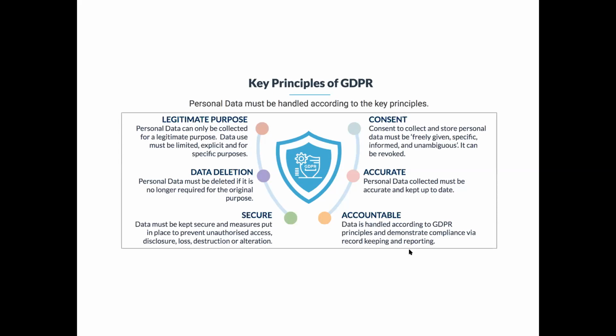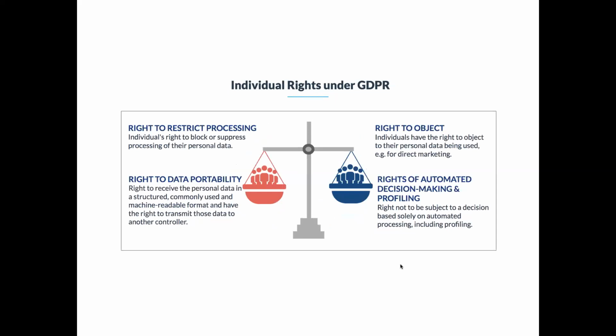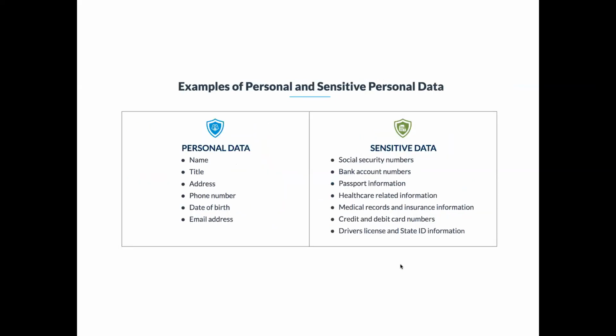GDPR is there in the US also, because California laws are being published. So if your company is only in the US and they work in California, and other states are coming in too, you should look at this, and we'll talk more about how to look at the data, what my rights look like, how to get the data from me.